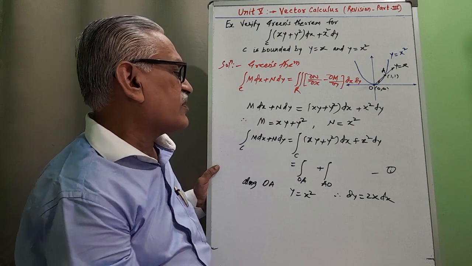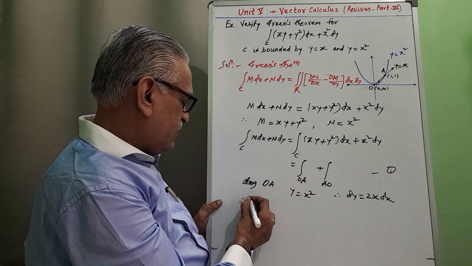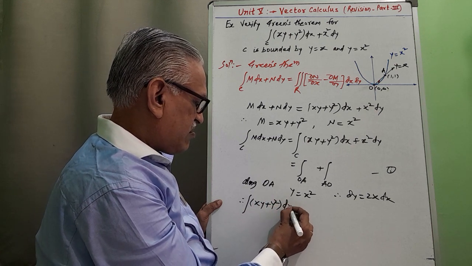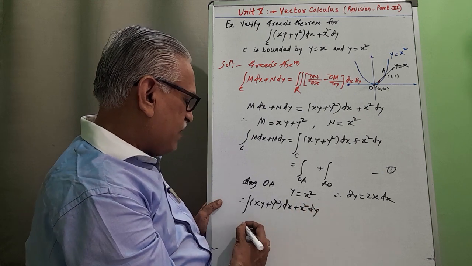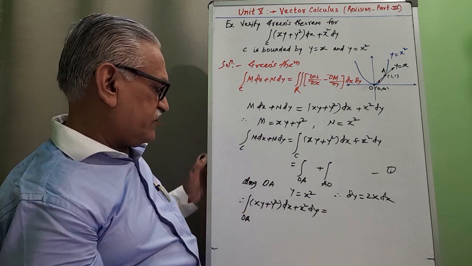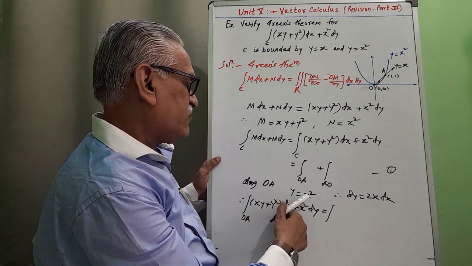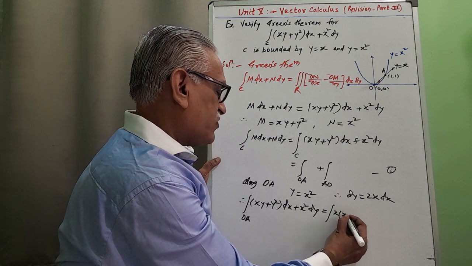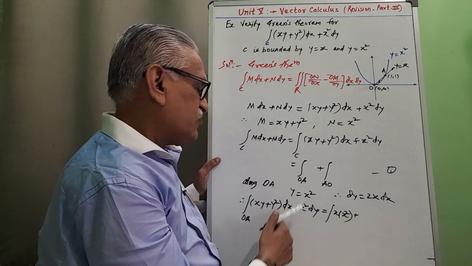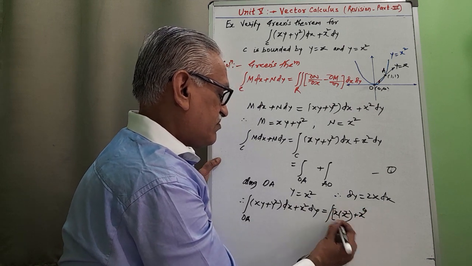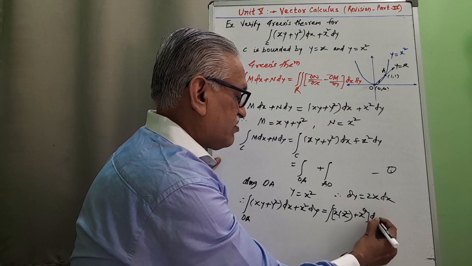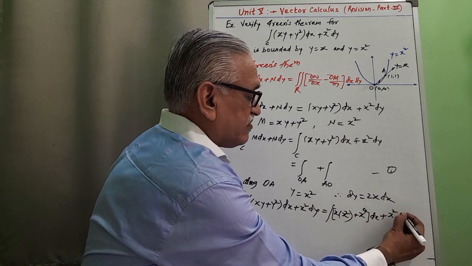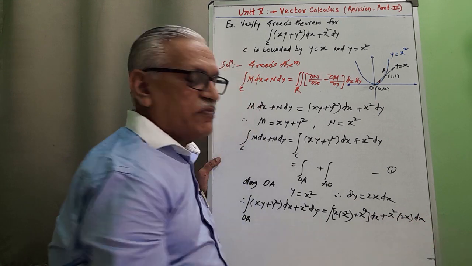Substituting these values, the line integration of (xy + y²) dx + x² dy over the path OA is equal to the integration of x into y, which is x², so x·x², plus y², the square of this, which gives x⁴, into dx, plus x² dy, where dy is 2x dx, converting everything in terms of x.